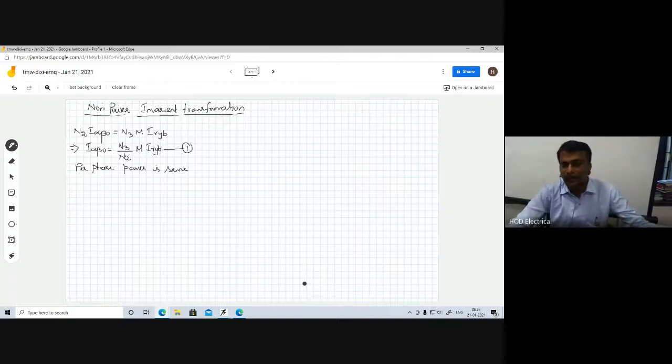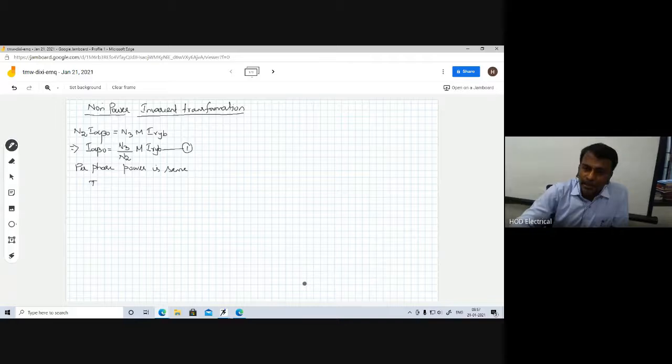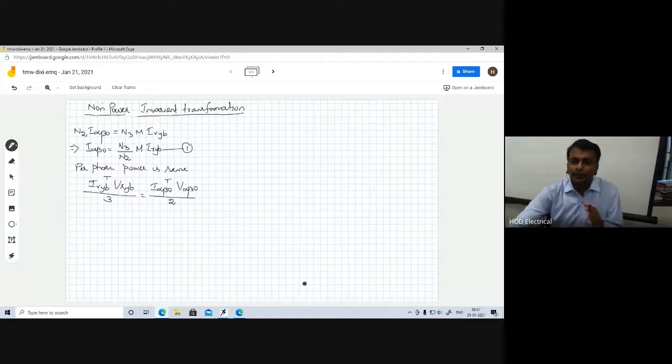If the per phase power is the same, then the three-phase power I RYB transpose into V RYB, divided by 3, equals I alpha beta naught transpose into V alpha beta naught, divided by 2. In the previous case we studied, we related the total net power as the same. Here we are assuming that per phase power is the same.